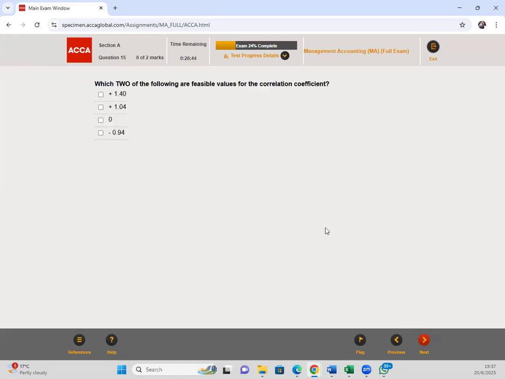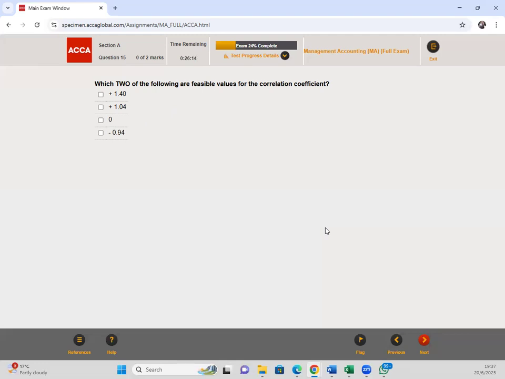Which two of the following are feasible measures of the correlation coefficient? Remember, in regression and correlation, we are measuring the strength of the relationship between two variables, maybe the relationship between the hours you spend studying and the mark that you get in your exam.